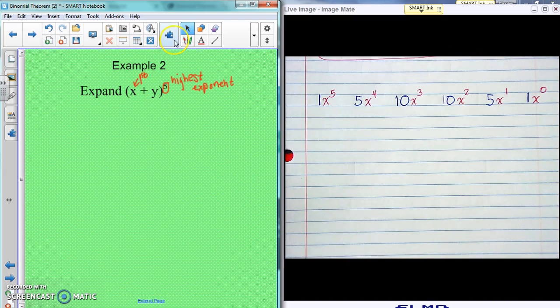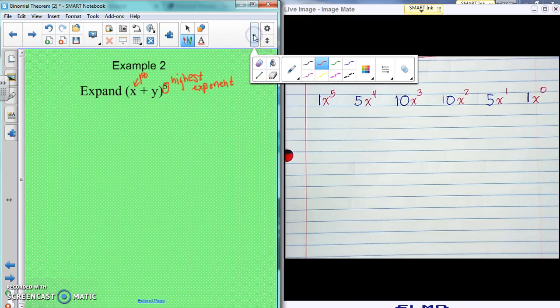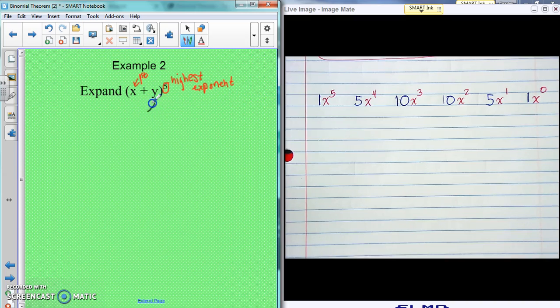Okay, so then we come to our second term. Let's change colors. And this is our second term right here, the y. That looks really bad, but that's the second term. I think you'll read it.